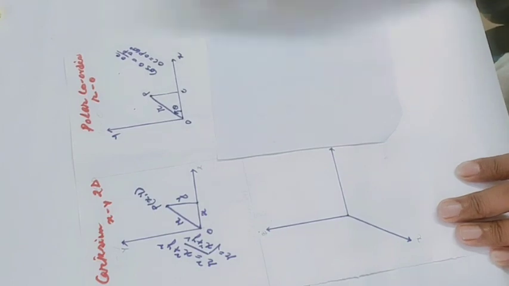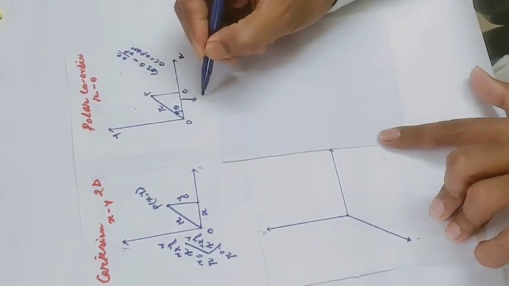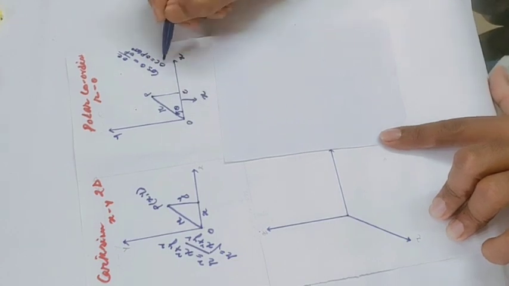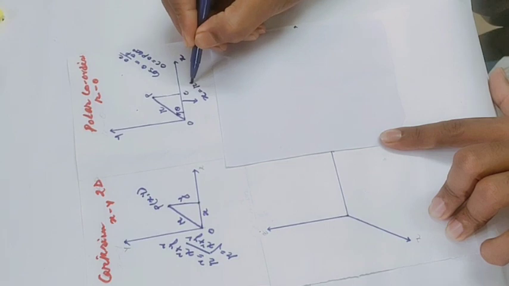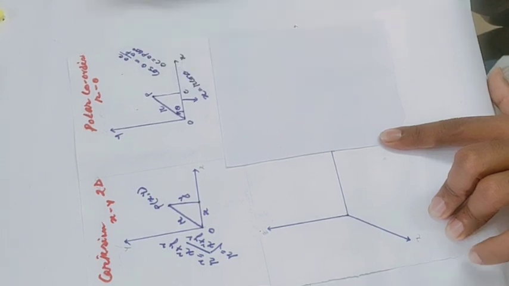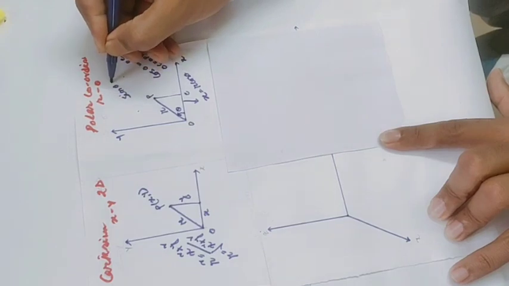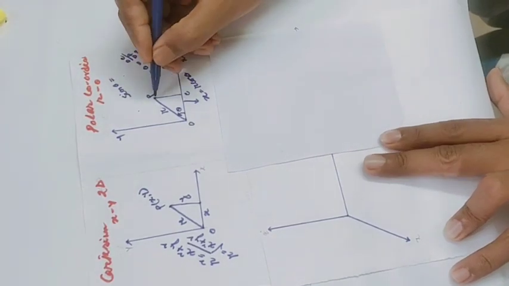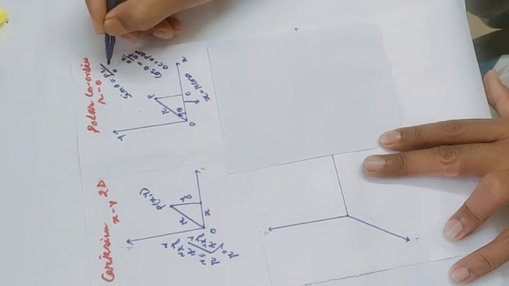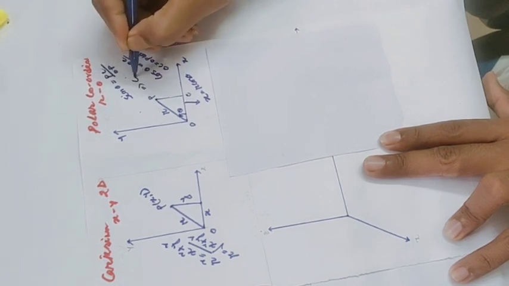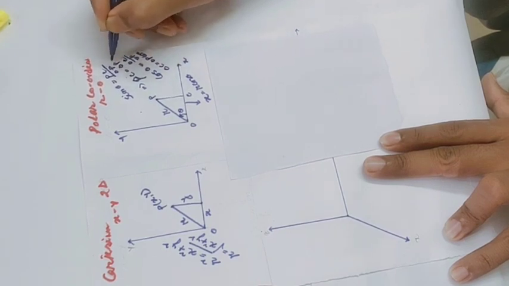That means OC is what? Along the x-axis I will consider x, and OC is x, OP is r. So I can write x is equal to r cos theta. Similarly, if you consider sin theta, then what do we get? We get perpendicular by hypotenuse, that means PC by OP. So PC is equal to OP sin theta.